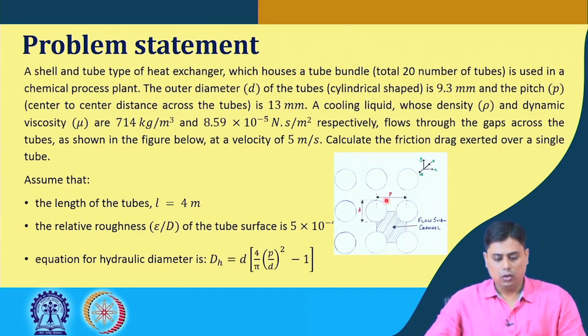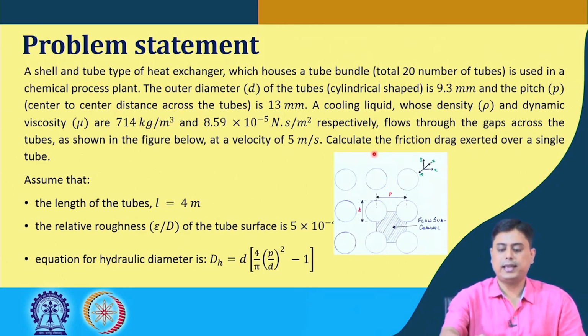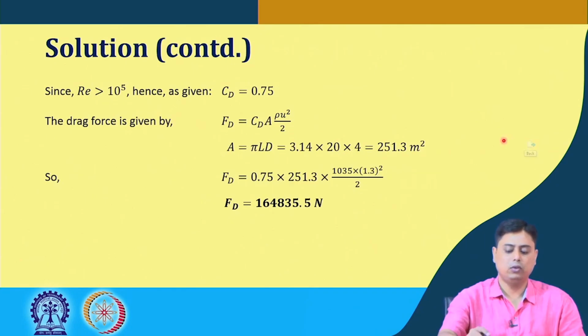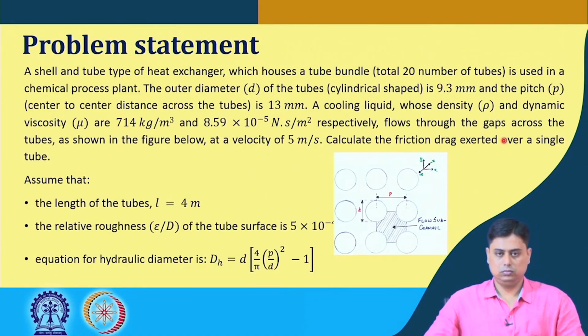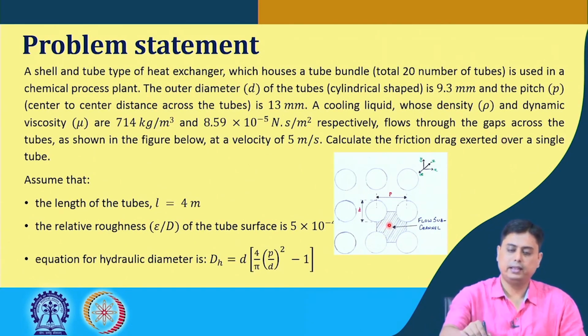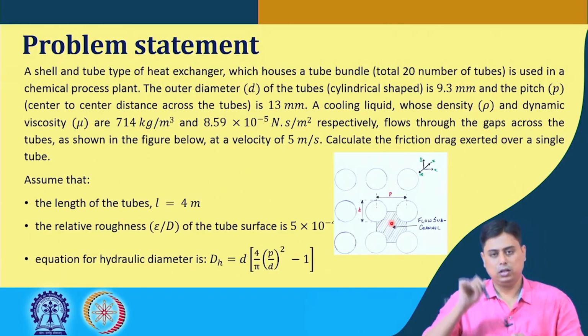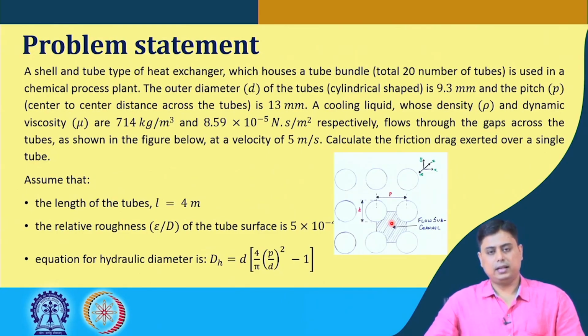Okay. So, in that case, the question is to calculate the friction drag exerted over a single tube. When the water flows perpendicular to the depth of this slide or the monitor, you can see what is the friction drag exerted on one tube.